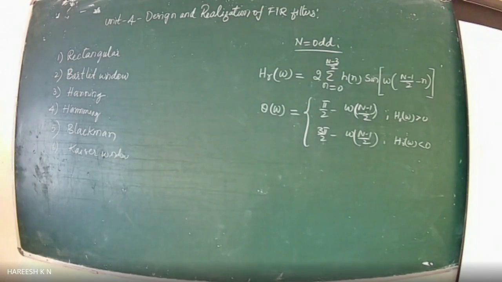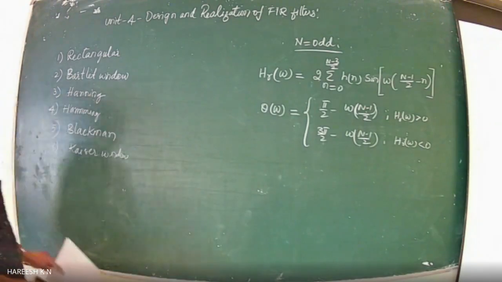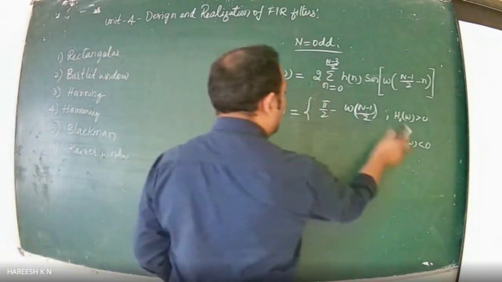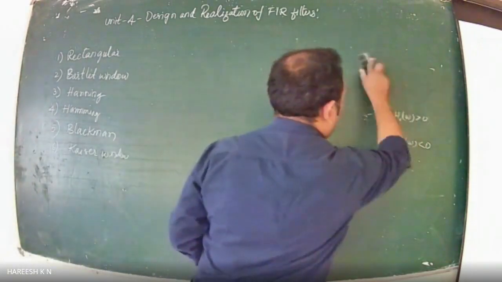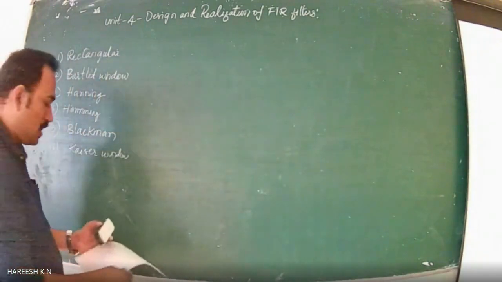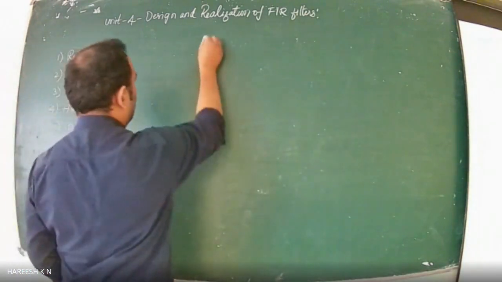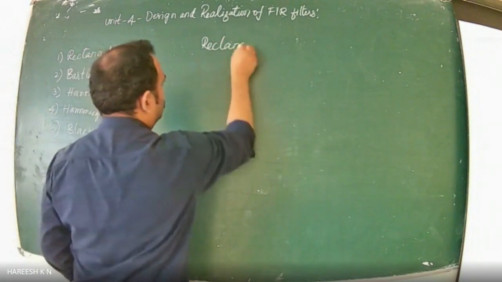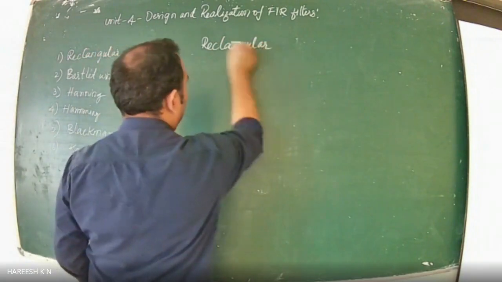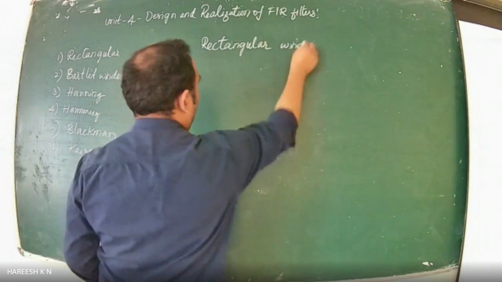Now, I'll write one window; all other windows will have similar kinds of responses with their own expressions. Now, the rectangular window.